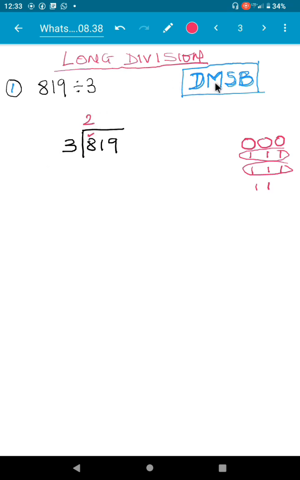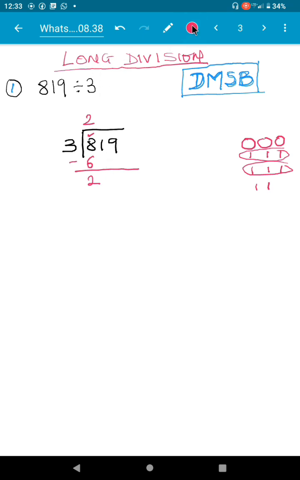You go to multiplication. 2 times 3 gives you 6. I'm putting the 6 under 8 because I'm treating 8 first. Now we go to subtraction. 8 minus 6 is 2.